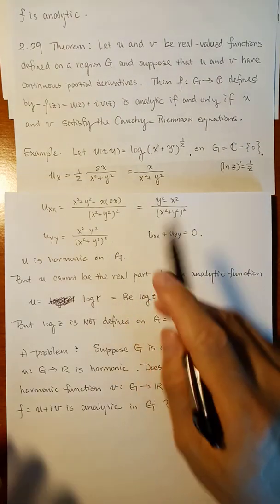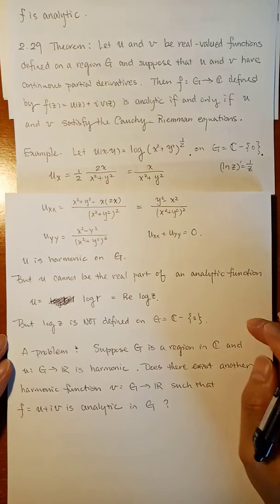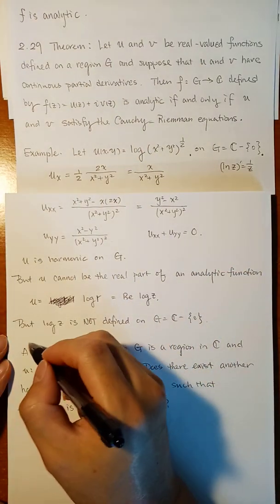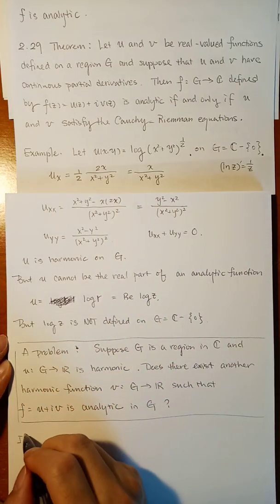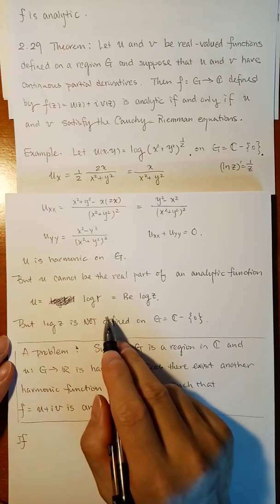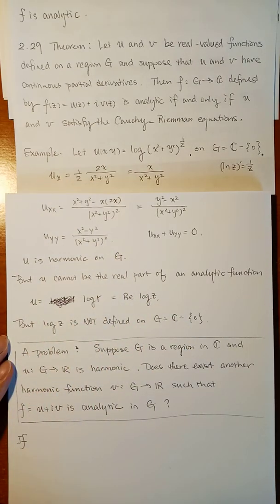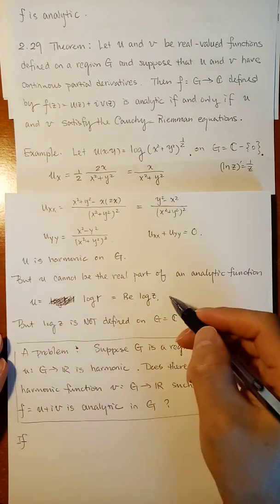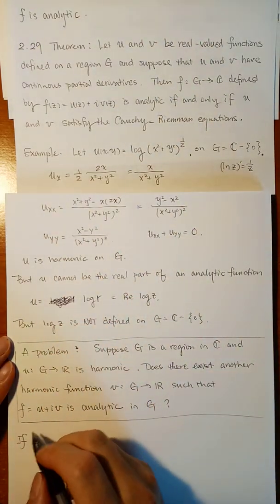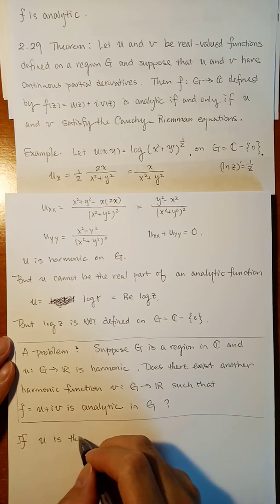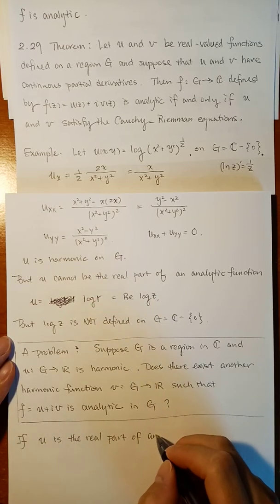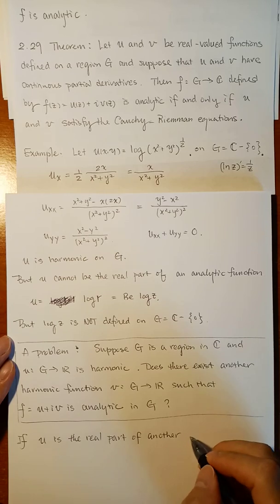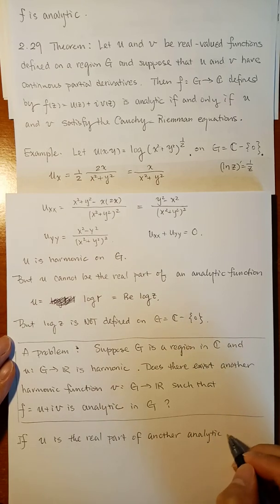Actually, this part may not be that clear. Let's discuss a little bit. If you see this u is a real part of the logarithmic function, you may ask, maybe this u is a real part of another analytic function. Why do we worry about this?